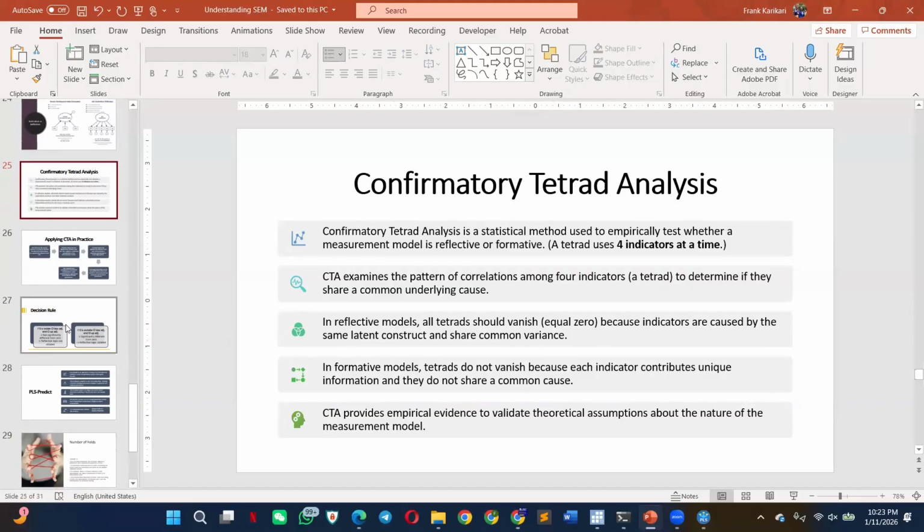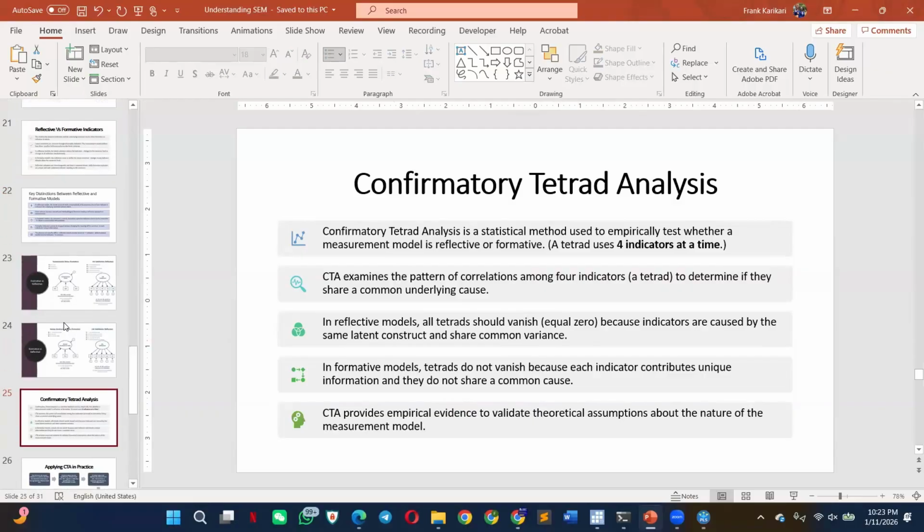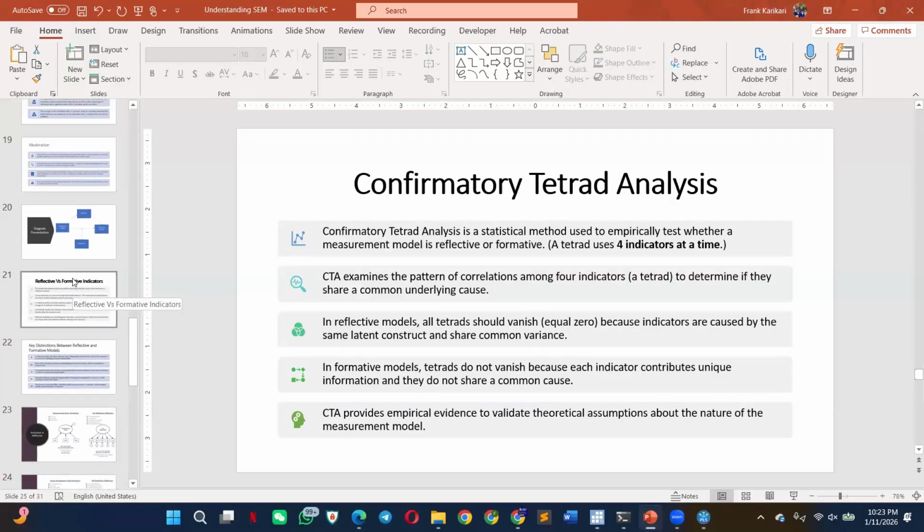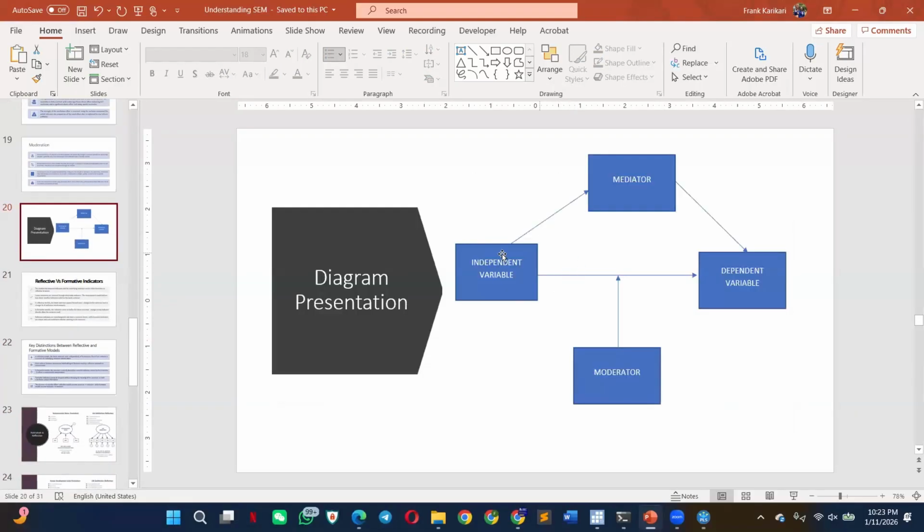So what we are doing today is that before you even start with your analysis, you're supposed to bear in mind whether your constructs, the variables that you are looking at, are reflective or formative. I don't know if you understand.